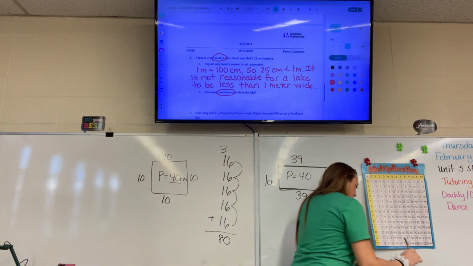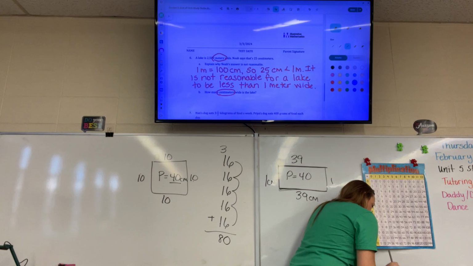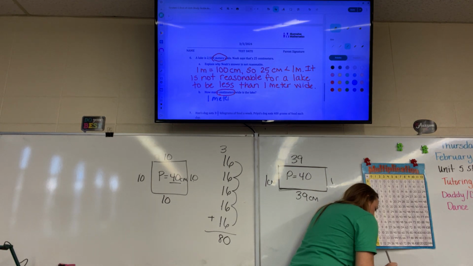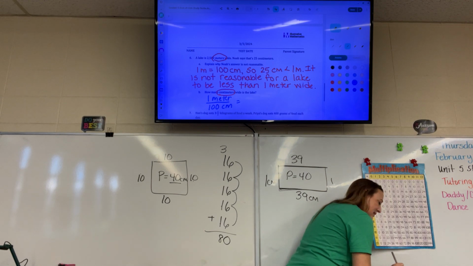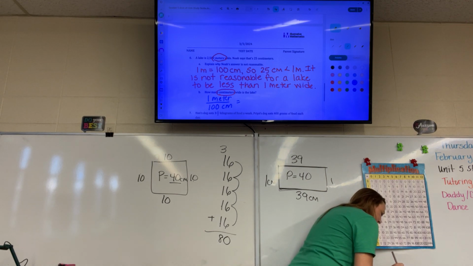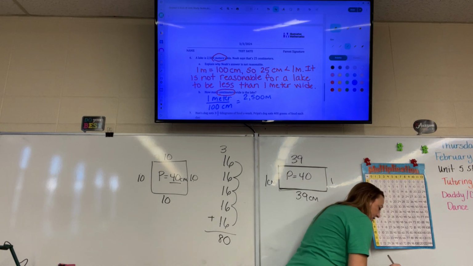And very first one, what's it say? 1 meter is 100 centimeters. And how many meters wide is the lake? 2,500, that's in the problem. That's just a matter of reading. 2,500 meters.